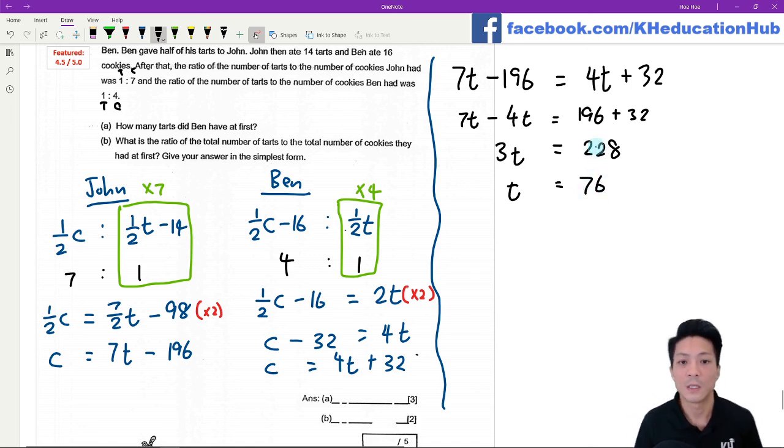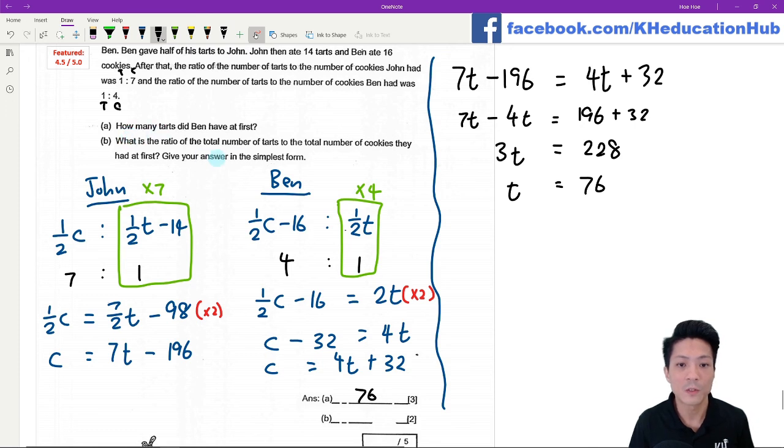Okay, I'm doing a lot by the algebraic way, but of course I can explain it by the model drawing way. But if I were to explain it using the model drawing way, it's going to take too much time. So I'm going to try and solve it as fast as I can. 76 will be the answer for part A, which is how many tarts did Ben have at first.